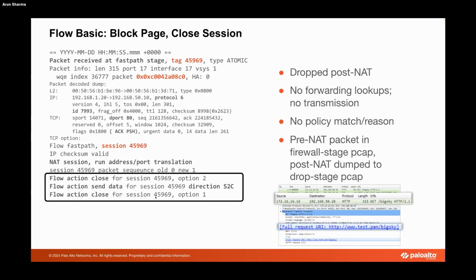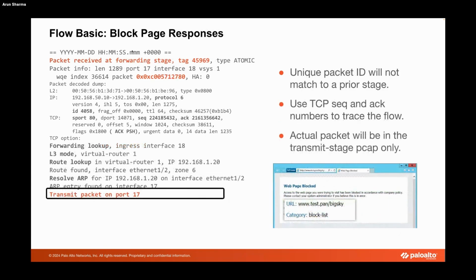Normally in the transmit PCAP, most of the stuff is already done, like the natting, lookup, pre-nat, and everything. Most of it is already done, so maybe that's why we see that in the transmit PCAP. This is one example of block page responses.